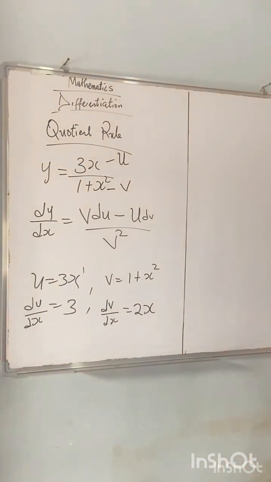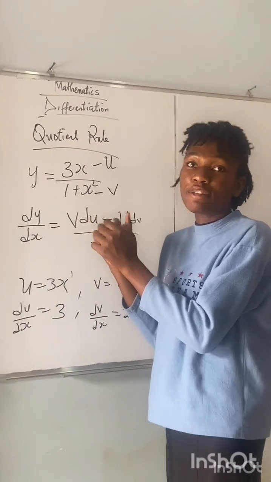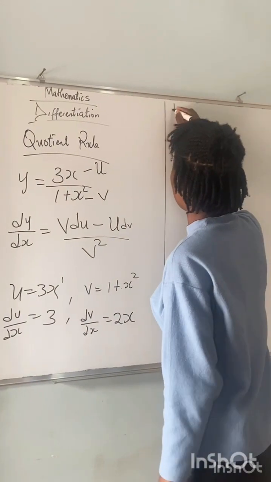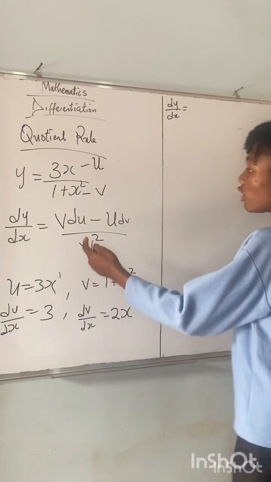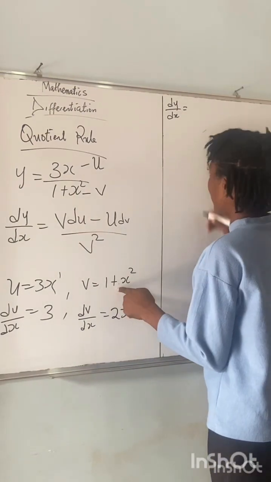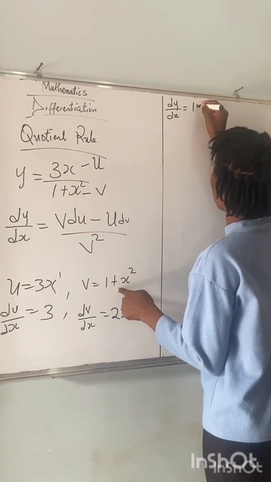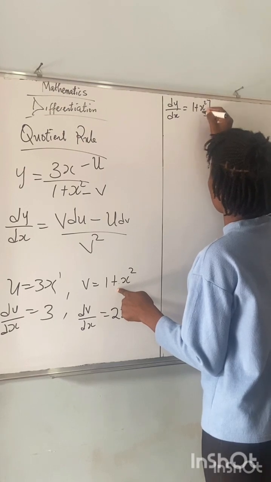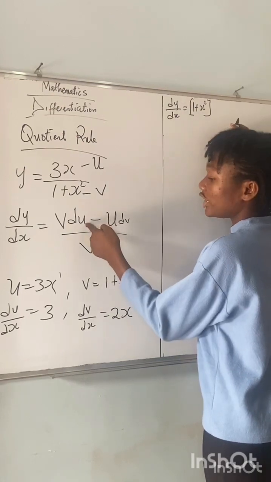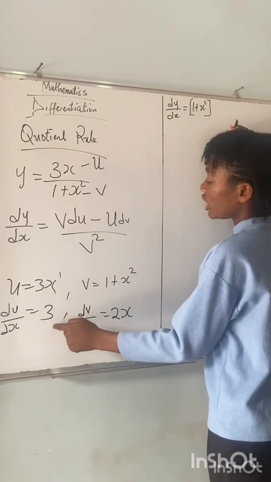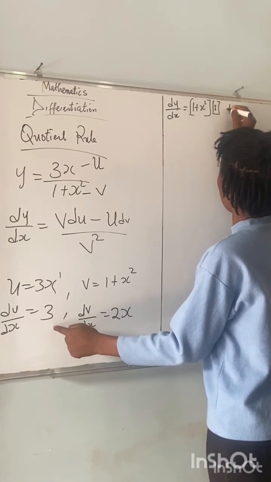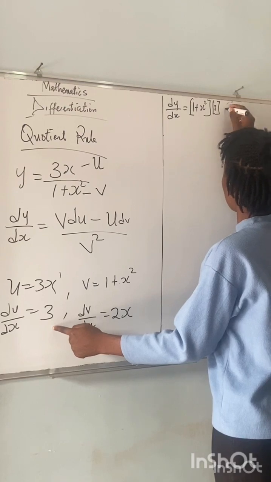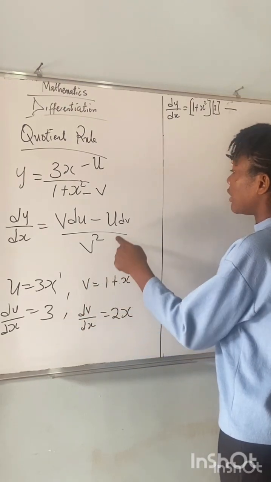Now let's simply input everything into our formula. Our dy/dx is going to be: for our v, we have 1 plus x squared, multiplied by our du, which is 3, minus u.